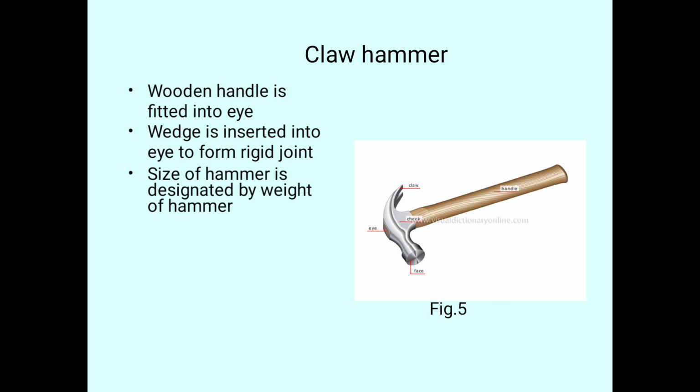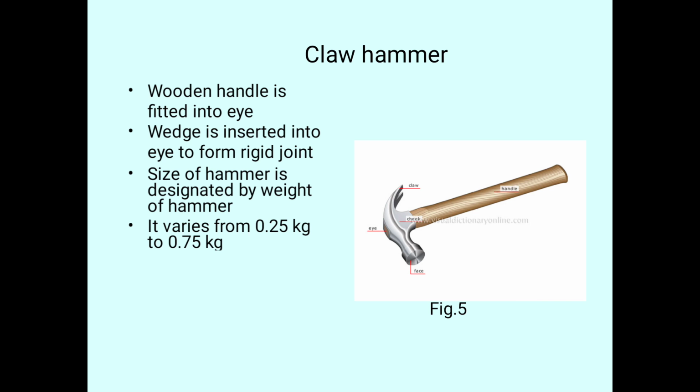Next, the size of a hammer is designated by the weight of the hammer. So how are we designating the size of the hammer? Based on the weight of the hammer. It varies from 0.25 kg.